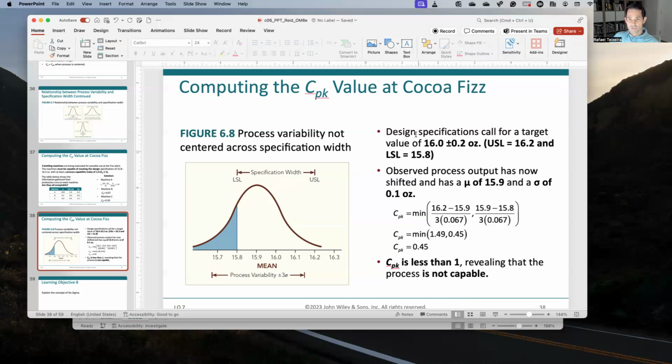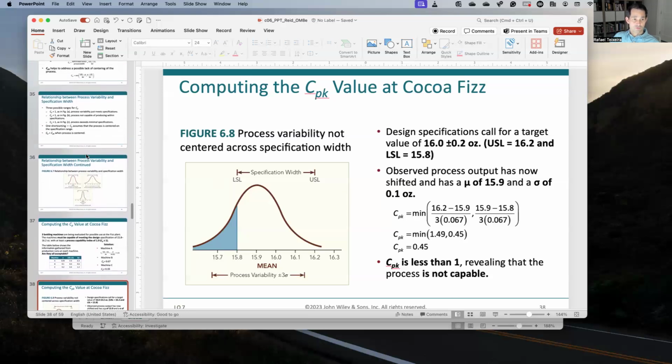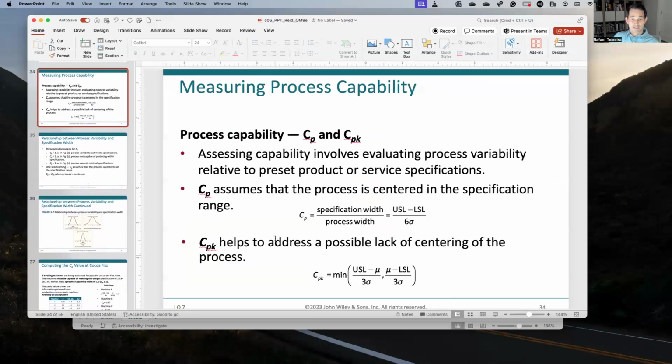Okay, so let's take a look here. The design specification is a target value of a mean of 16 ounces plus and minus 0.2 ounces, which gives our specification limits. However, like I showed here, the mean for this machine is 15.9 with a standard deviation of 0.1 ounce. We're going to use these formulas here. Let me go back some slides. This is the formula for CPK.